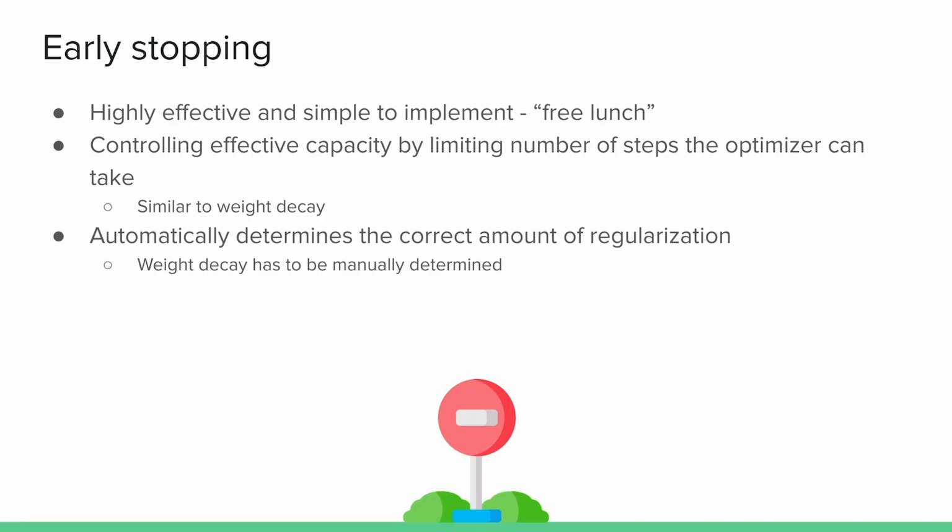The good thing about early stopping, when you compare it to weight decay, is that it automatically determines the correct amount of regularization. So we don't have to worry whether we use the right alpha value for weight decay, because you just monitor your validation set and stop when you don't see any further improvement.